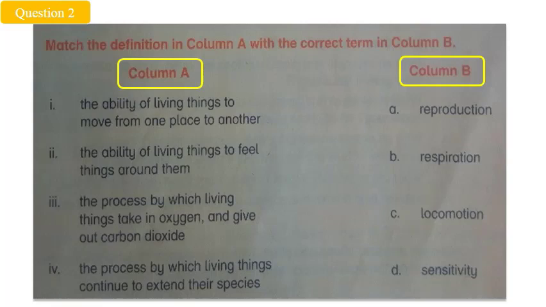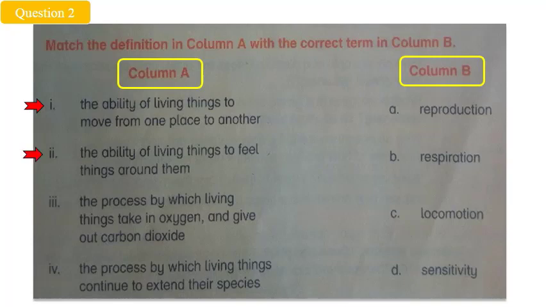Question 2. Match the definition in column A with the correct term in column B. In column A, different definitions are given, and in column B, correct terms are given. You need to match the correct definition with the correct term. Number 1. The ability of living things to move from one place to another. Find the correct term related to this definition. Number 2.